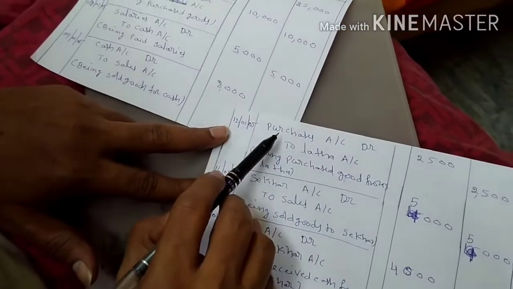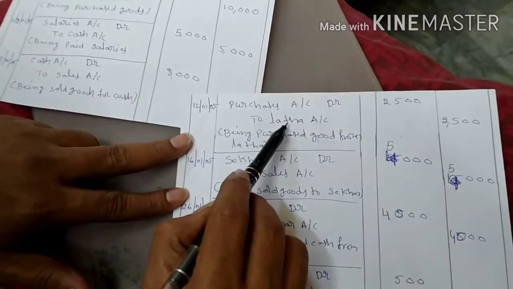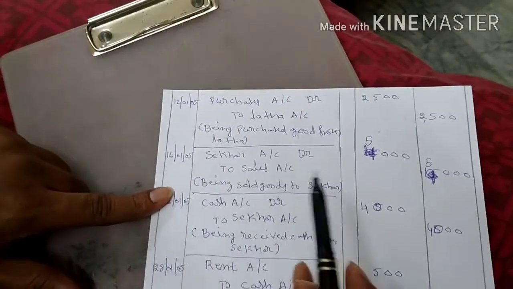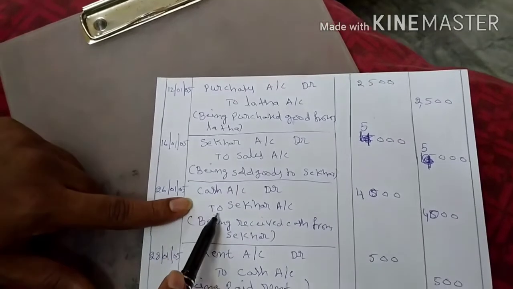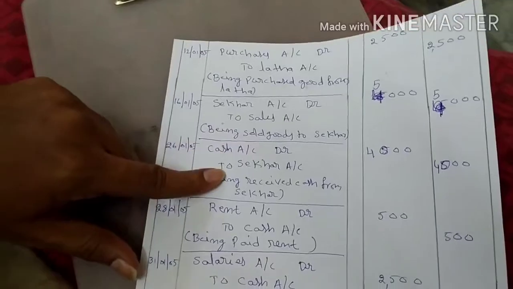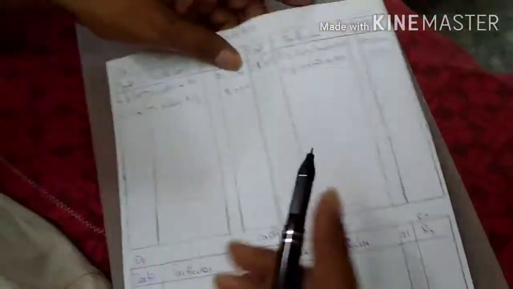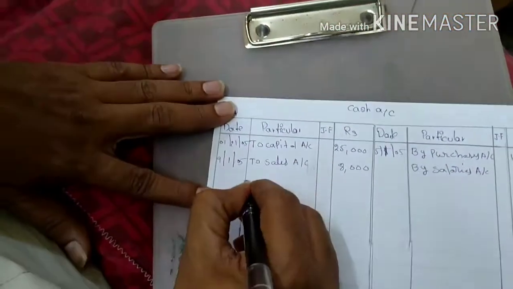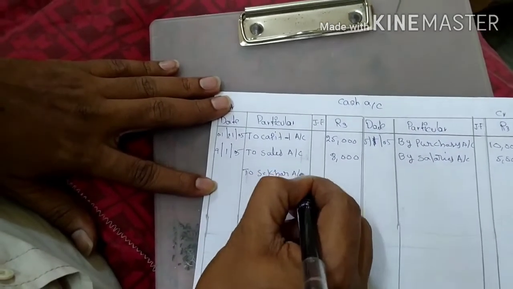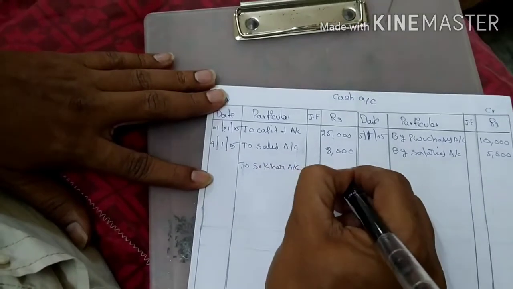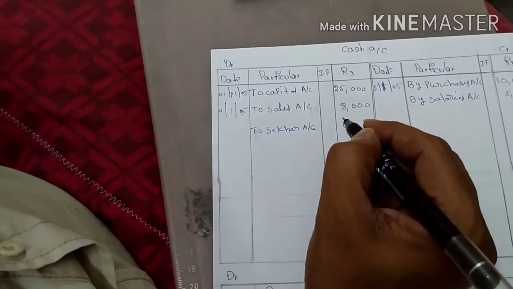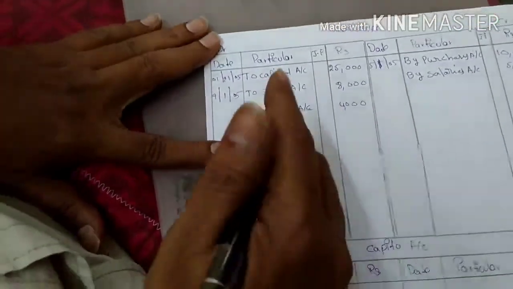In the 12th, purchases from Lata, cash is not there, so leave it. Shekhar to sales, no cash. Cash to Shekhar account is there, so we write to Shekhar account 4,000 rupees, dated 26/1/2005.